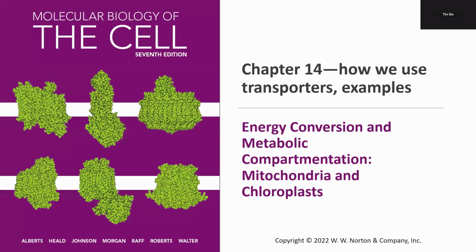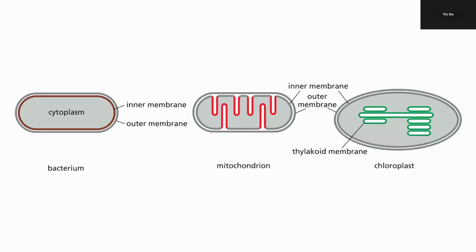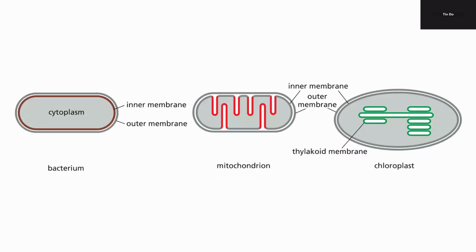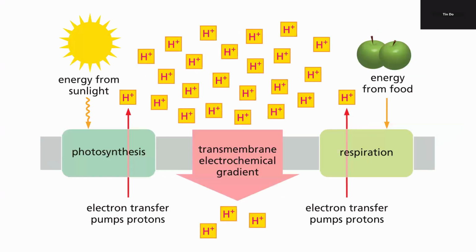So building on top of that, chapter 14 is all about the metabolic conversion in terms of the mitochondria or chloroplasts. Now, I don't really want you guys to focus too much on the cellular respiration cycle or the photosynthetic cycle. What I do want you guys to focus on is the concept of membrane potential.